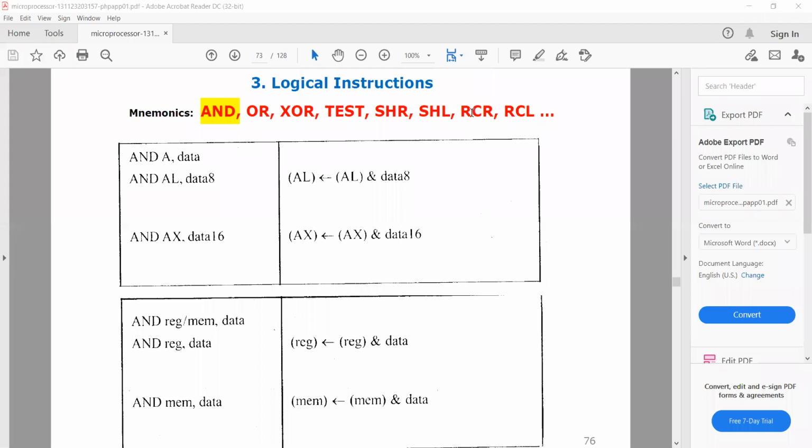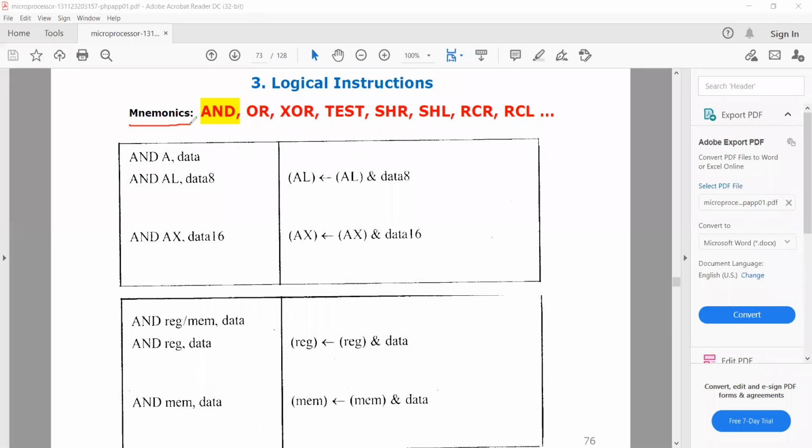Here you find a word called mnemonic. I'll give you a brief introduction regarding that part, and then I'll move on to the logical instructions. You might have been seeing this word mnemonic for the last 2 to 3 classes.